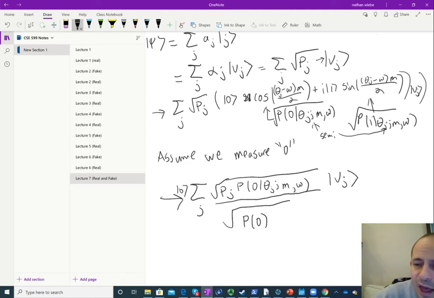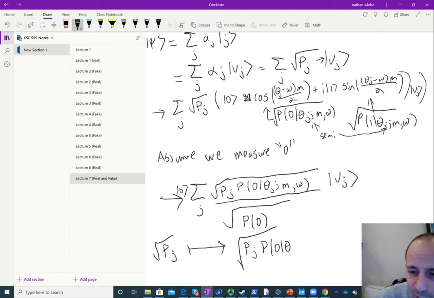So if we take a look at the updates of the amplitudes, what we end up getting is that the amplitude Pj maps to square root of Pj times P of 0 given theta j; m and omega, divided through by P of 0.